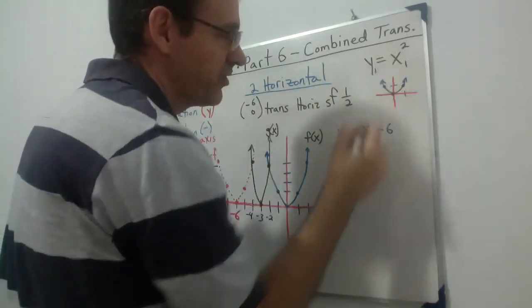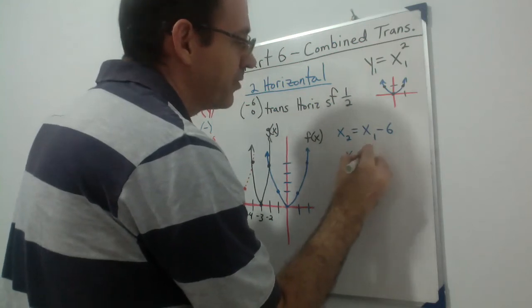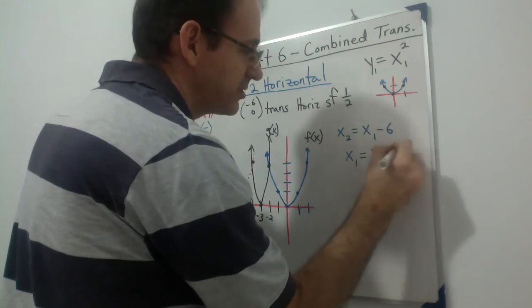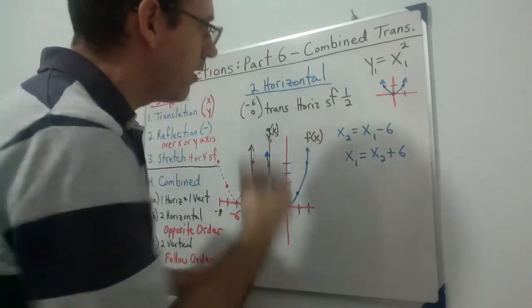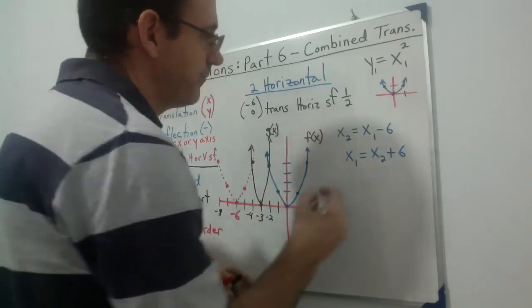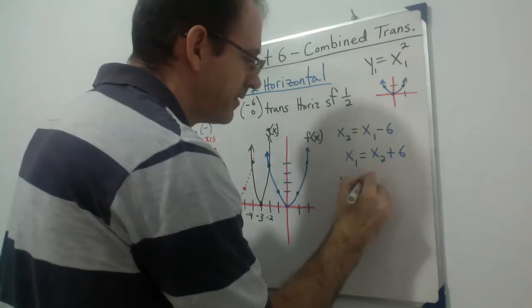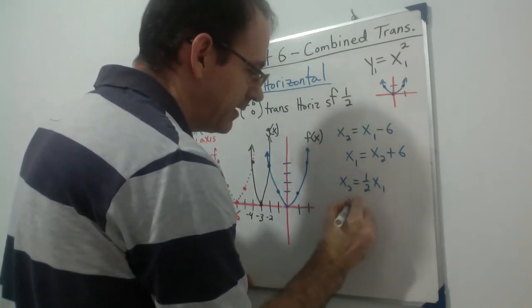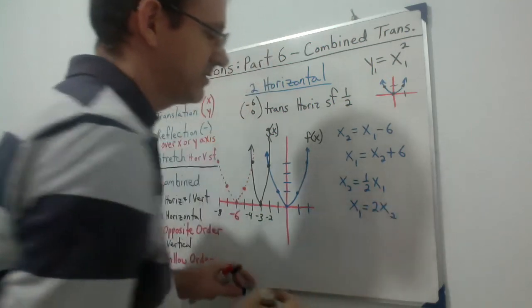So what do we substitute in the place of that x1? So our x1 will be x2 plus 6. Also, horizontally, our x2 is half of x1, meaning our x1 is twice x2.